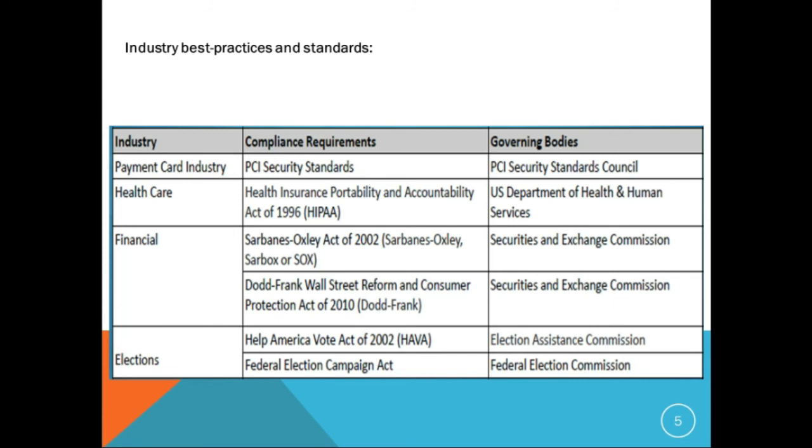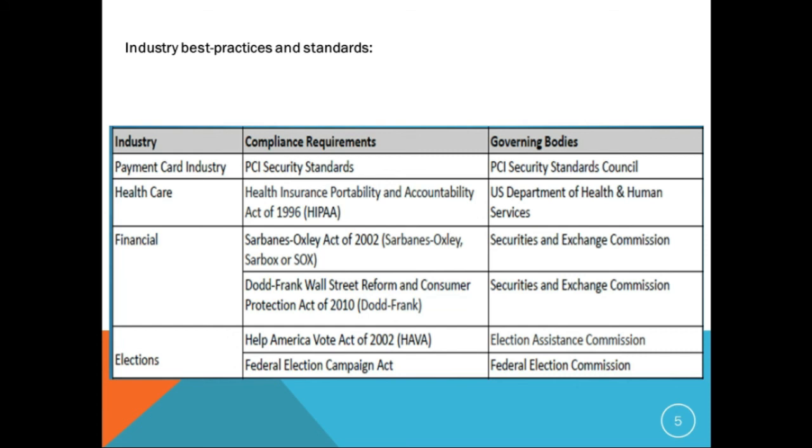So this is a list of different industries. This is just a small piece of information about some industries. All the industries are not covered, but just to get an idea of what the industries are, what compliances are given for these industries, and who the governing bodies are.